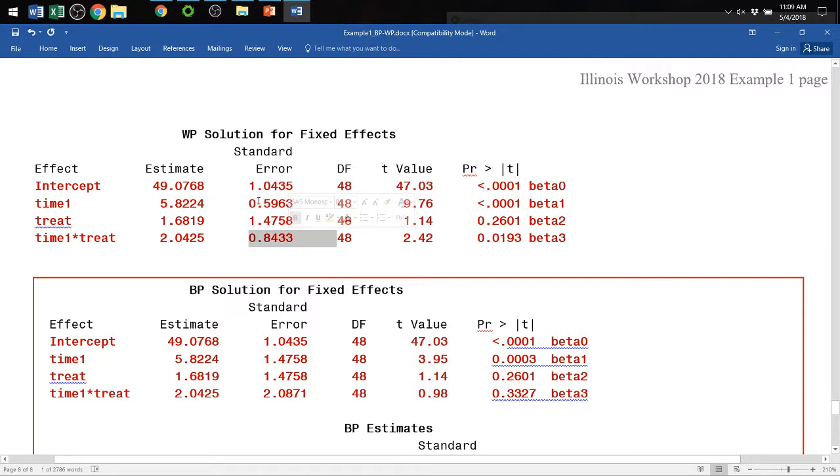So more generally, in a two-level model like this, level 1 fixed effects like time, and in this case treatment by time, are going to be tested against level 1 error. Level 2 fixed effects, between person things, are tested against both, between and within. And look what happens to our lovely interaction term.